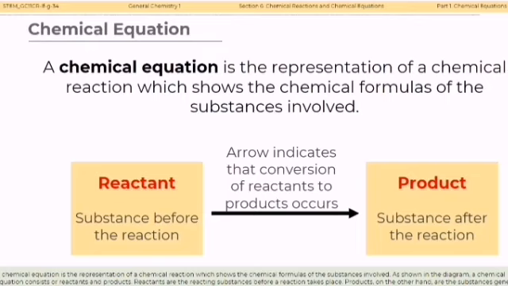Products, on the other hand, are substances generated after the reaction takes place. In writing a chemical reaction, reactants are on the left side while the products are on the right side. The reactants and products are separated by an arrow whose head is pointed toward the product, indicating the conversion of reactants to products.